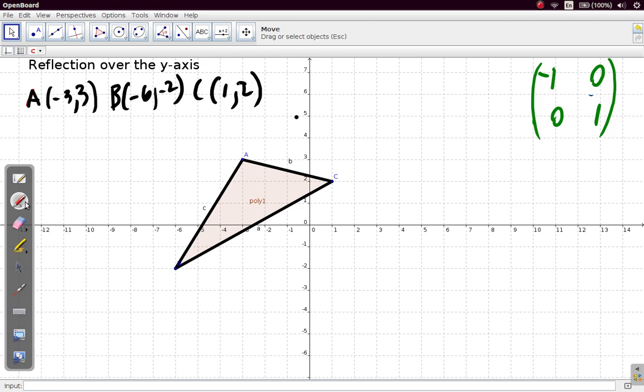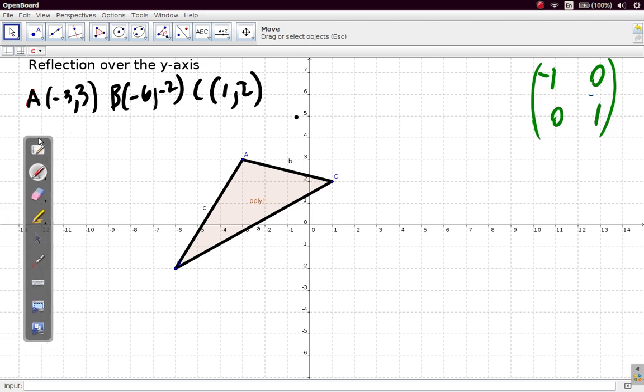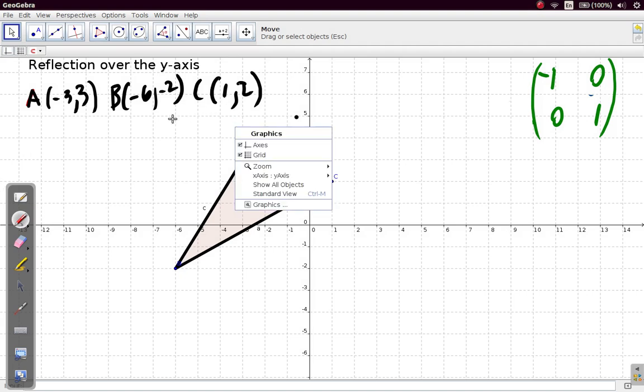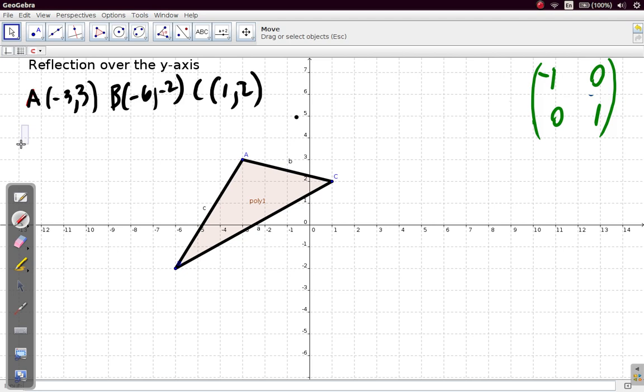My computer seems to be slowing down a bit. Alright, let's make it green. So here, we map A onto A prime, B prime, C prime.